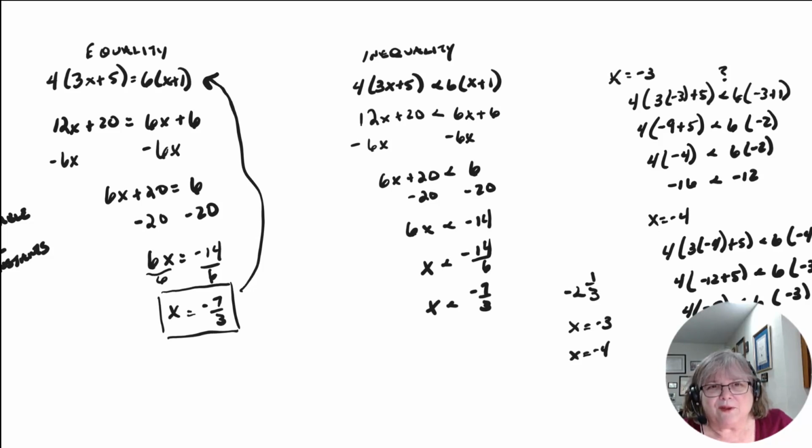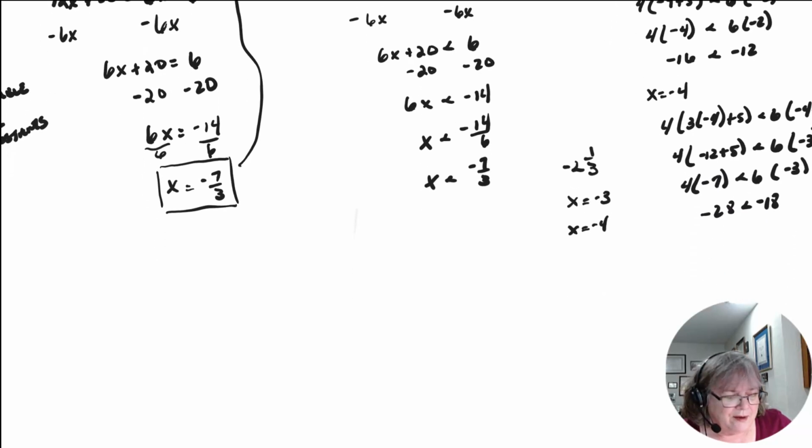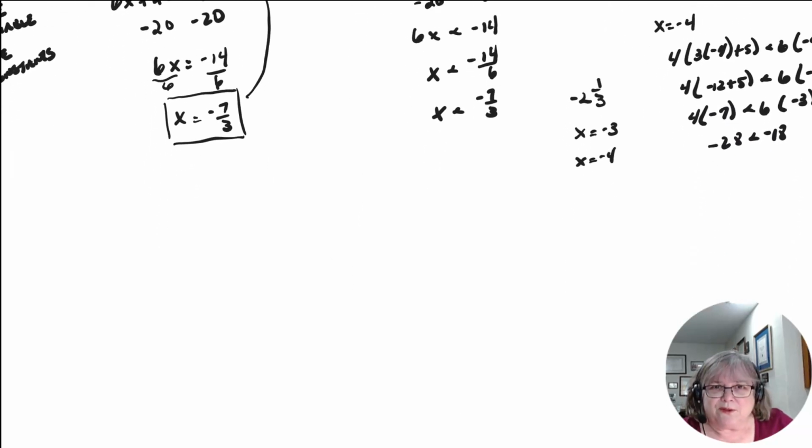But if you get a numerical answer, it is only one answer. If you get a numerical answer on an inequality, there's a whole string of numbers that would work for you. So the first difference is you don't just get one answer; 90% of the time you get a whole slew, an infinite number of answers.